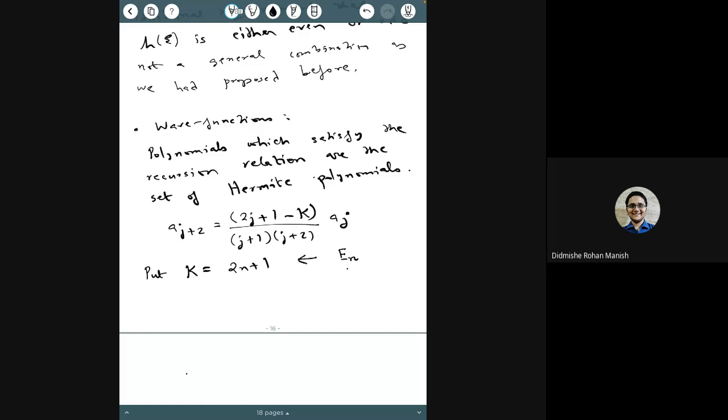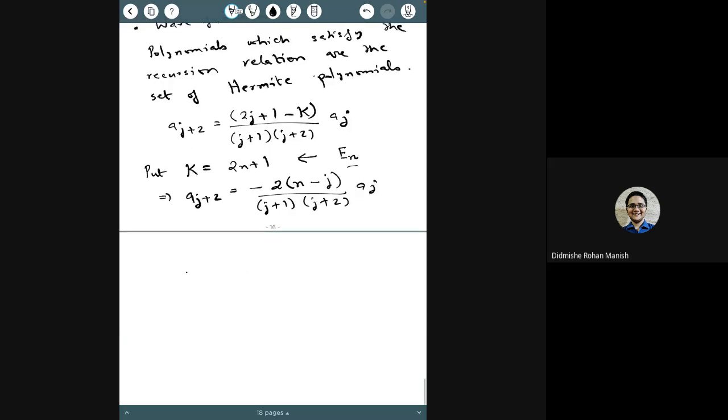These E_n are the various energy states. So you have E0, E1, E2, the ground and excited states. So let me write k equal to 2n+1, then a_{j+2} is equal to, taking minus 2 common, (n-j) by (j+1)(j+2) times a_j.